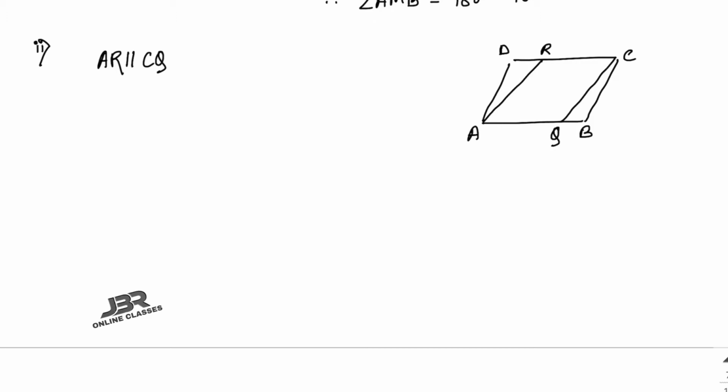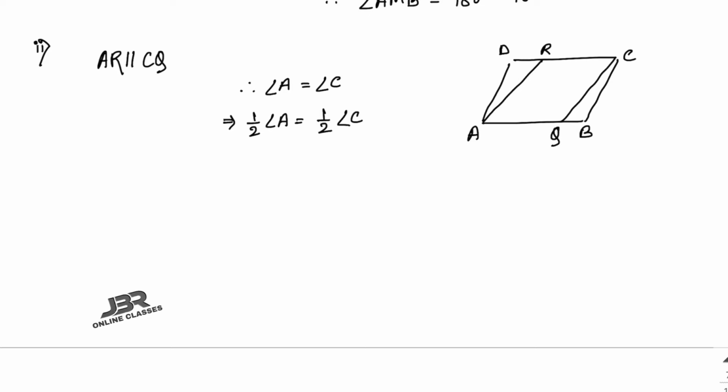So now in the parallelogram, you know that the opposite angles are equal. That means you can write angle A is equal to angle C. Now the next one, half of angle A also equals half of angle C if you multiply by half on both sides.